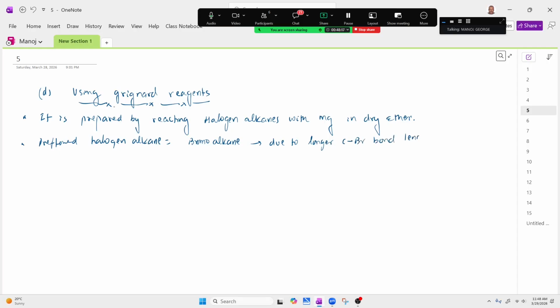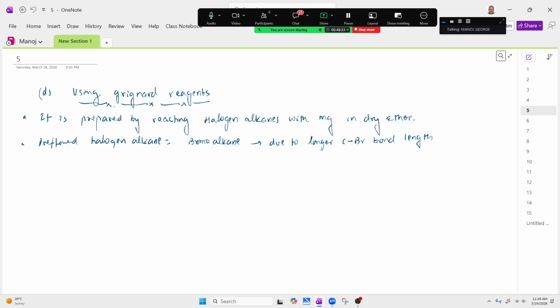I'm sure you will connect this, because the CBr bond length is much longer compared to the fluoro CF or the chloro CCl, because bromine is a bigger atom, right? So the CBr bond is longer.